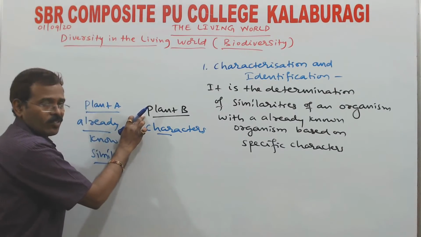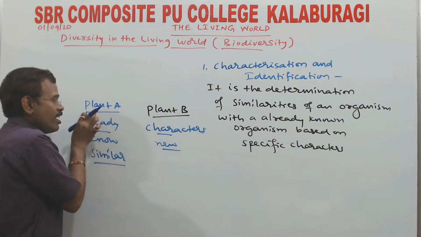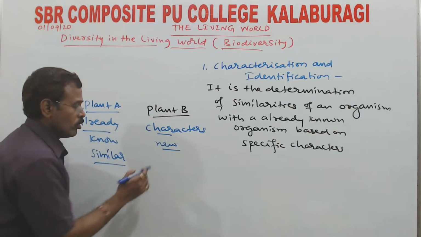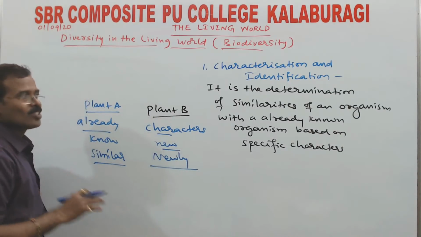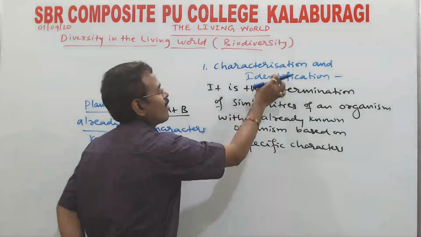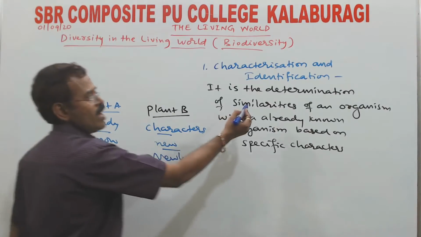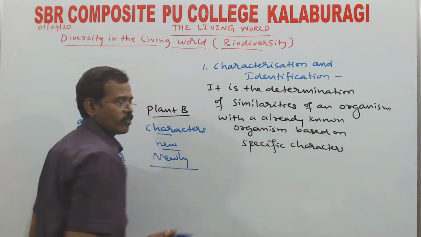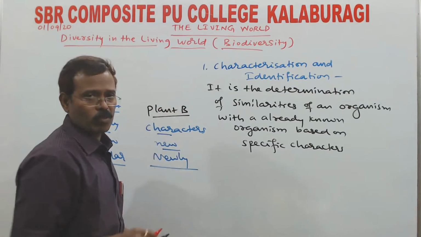Many of the characters in plant B are new, not seen in plant A. That means plant B is a newly identified one. So this is what characterization and identification is: the determination of similarities of an organism with an already known organism based on specific features or characters. That is the first basic element of taxonomy.